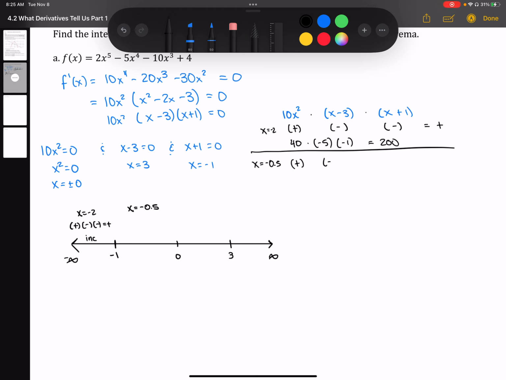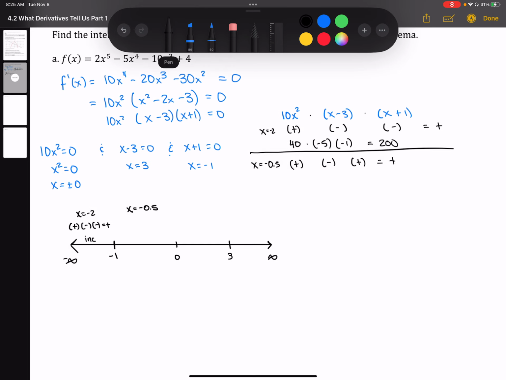X minus 3 is going to still be negative, and x plus 1 is going to be positive. So when you multiply those three things, you get a negative, not a positive. So we're going to have a positive times a negative times a positive, which is negative. So that means that we are decreasing on this interval.